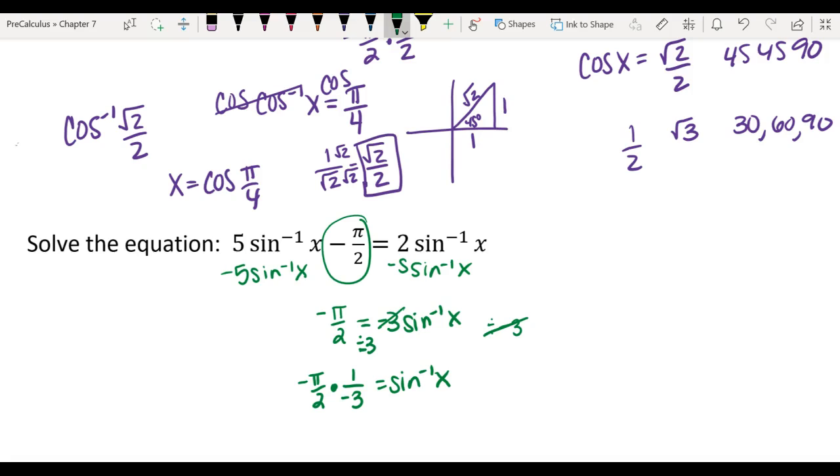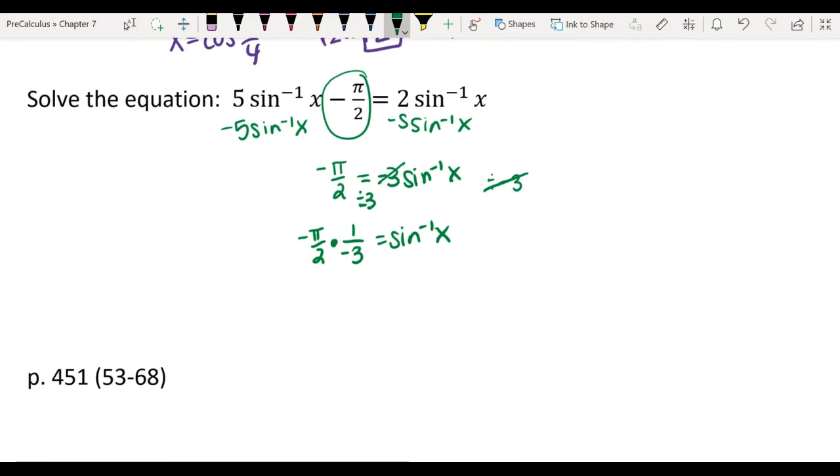So the negatives cancel. That turns positive, right? What's 2 times 3? The negatives? Yep. So you have pi over 6 equaling sine inverse of x.